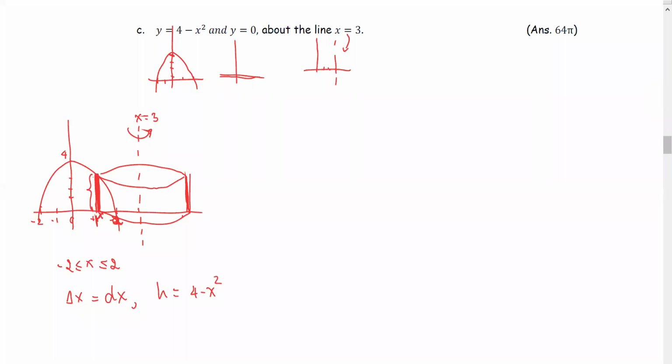The radius is measured from the axis of revolution to the position of the bar. In this case, the radius is the right function, which is x equals 3, minus the position of the bar, which is at x.